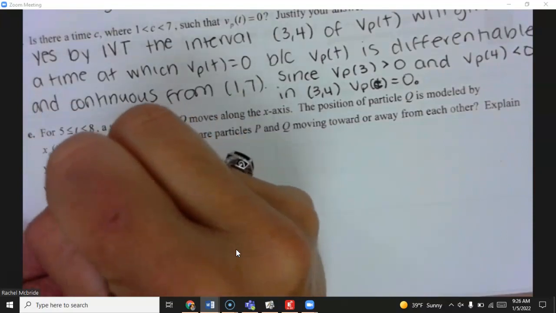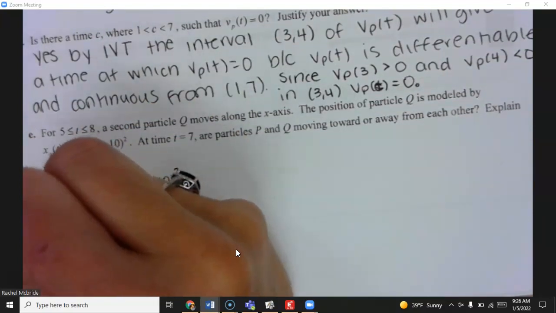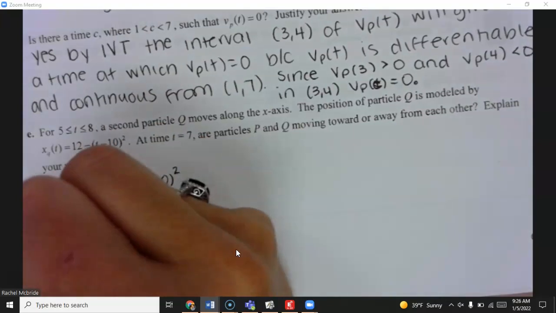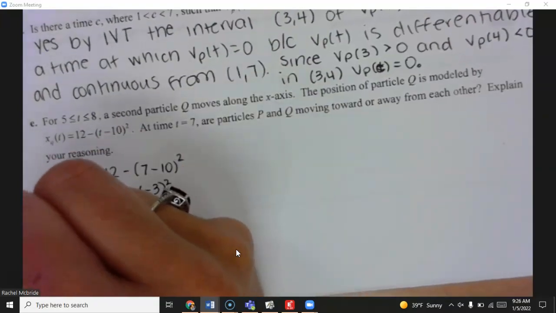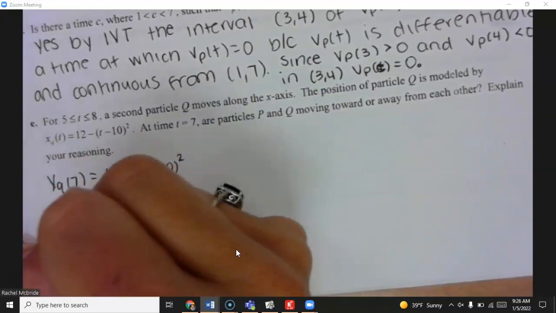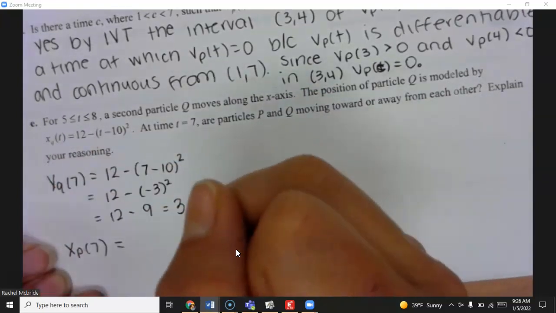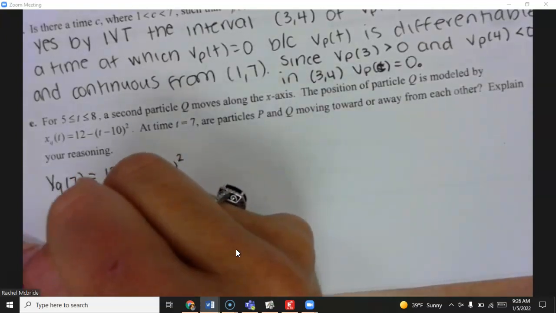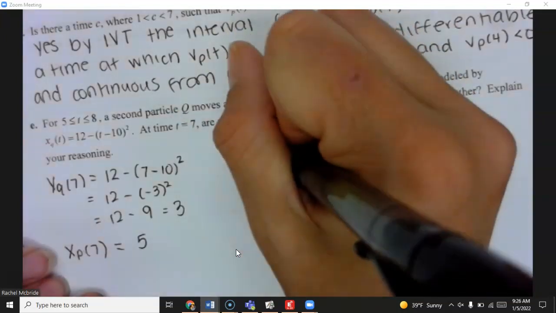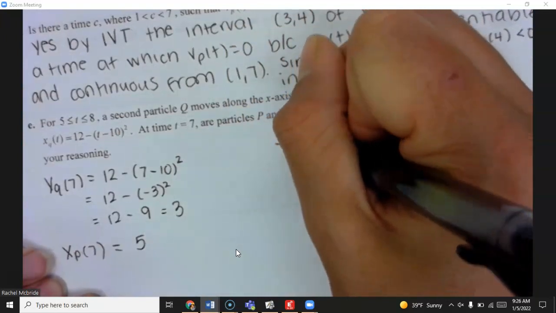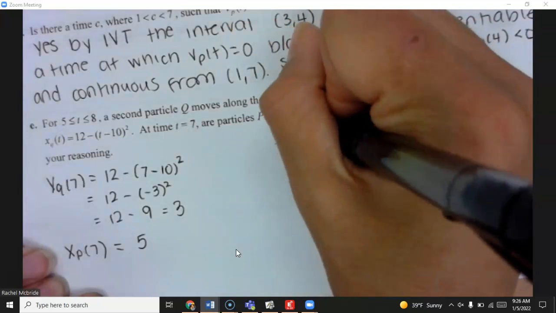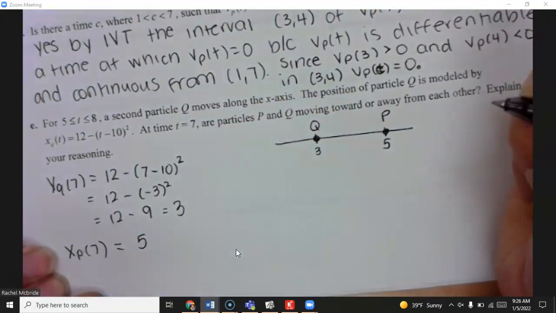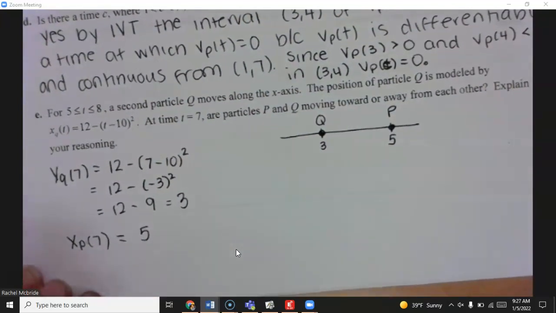I think we should do this one over and repeat. So position of Q at 7 is 3.